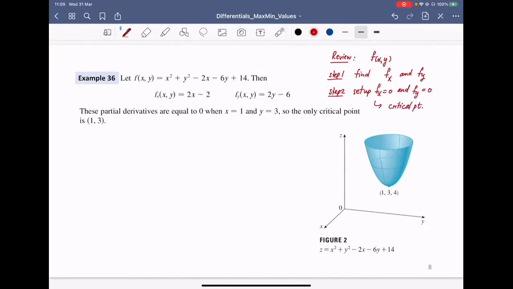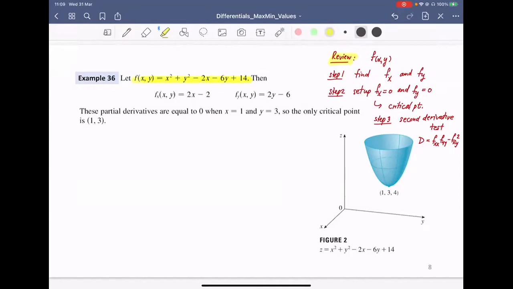Once you get the critical points, step 3, you use the second derivative test. That means you compute your D, which is equal to fxx fyy minus fxy squared, and then you make a conclusion from there. Ready to see an example? All right, example 36. Suppose I have a function here.